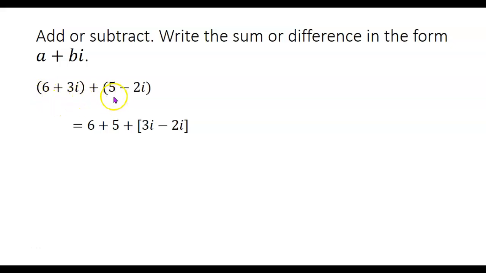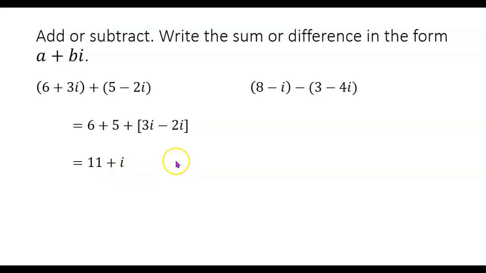The 6 plus 5 combines to give you 11, and the plus 3i minus 2i combines to give you plus 1i, or just plus i. So the result is 11 plus i.